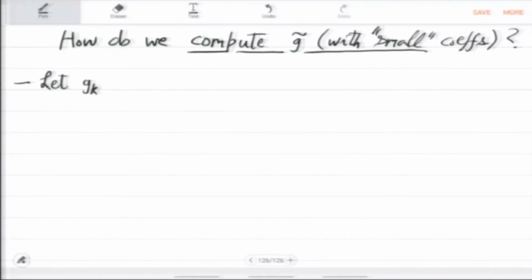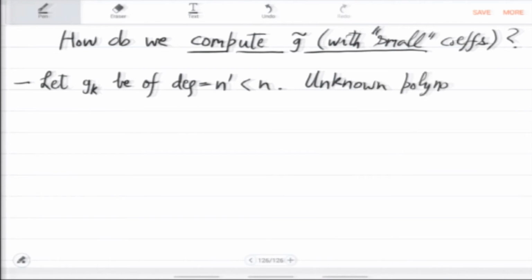So let Gk be of degree n prime, obviously between 1 and n minus 1. Now the unknown polynomials are G tilde, which is, let's say, Ci x to the I, and Lk.